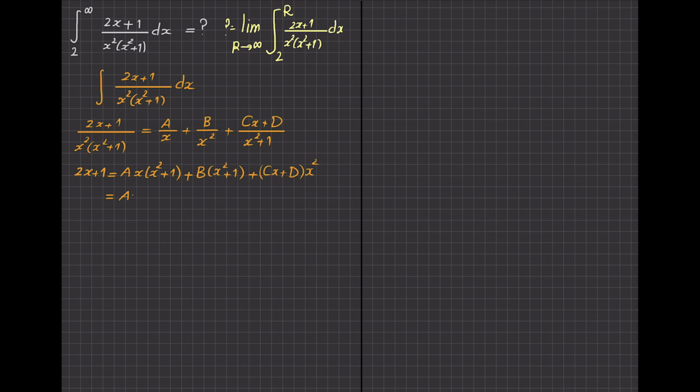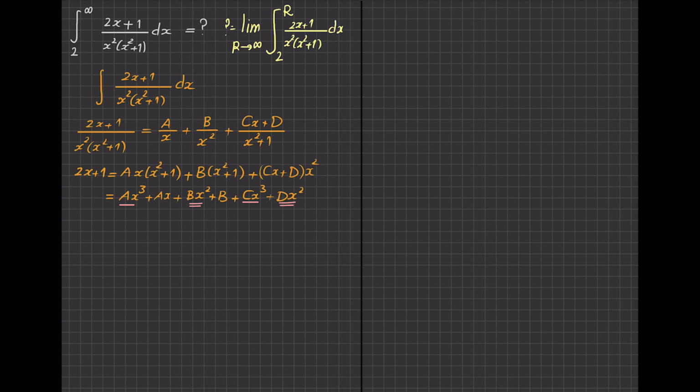It becomes Ax cubed plus Ax plus Bx squared plus B. And then I have Cx cubed plus Dx squared. And now what I do, I take this one, with that one I factor x cubed out. I take these together, I factor x squared out, and Ax and B are alone.